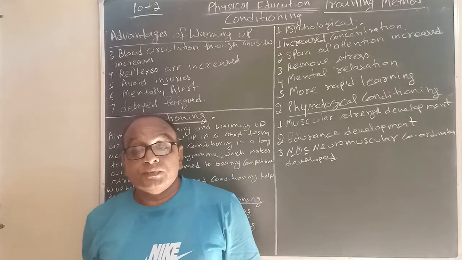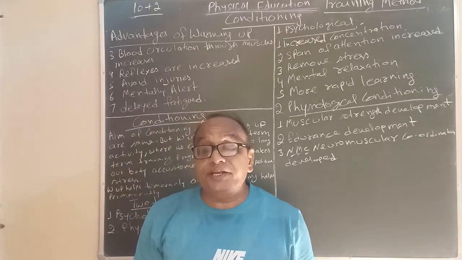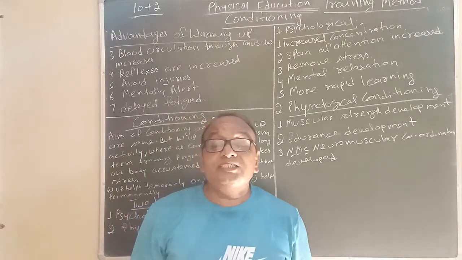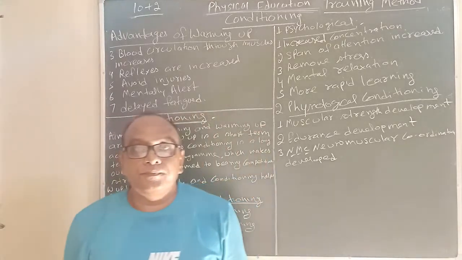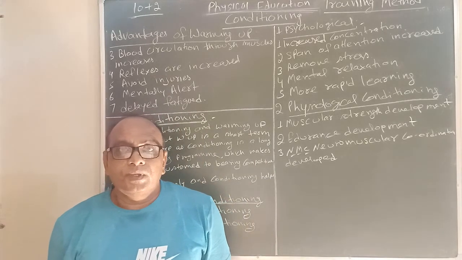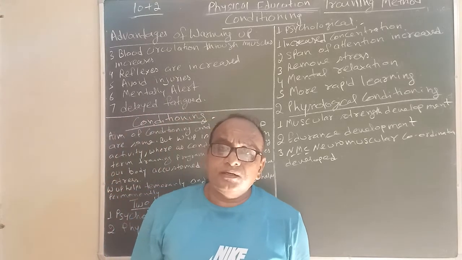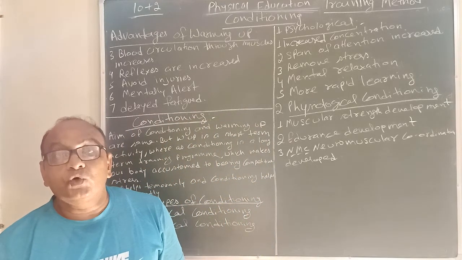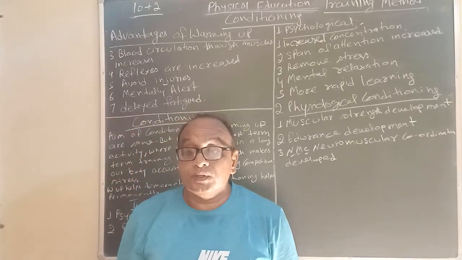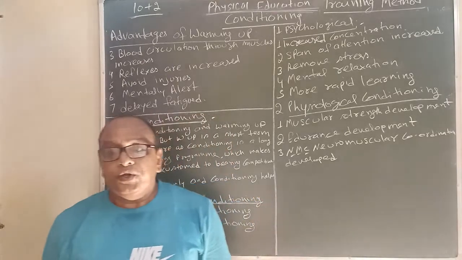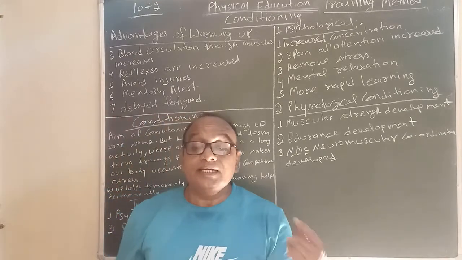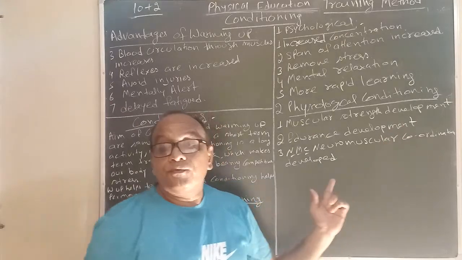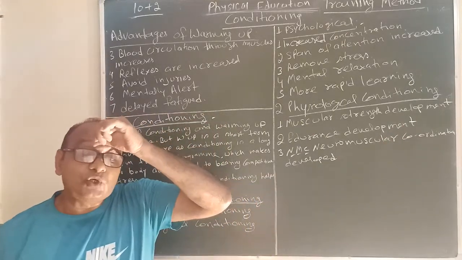Long practice develops neuromuscular coordination, which improves the reflexes and decreases the reaction time. During the game, you react within a very short time. You can judge easily. So you improve the reflexes and decrease the reaction time. So you develop your neuromuscular coordination well with the help of this physiological conditioning.